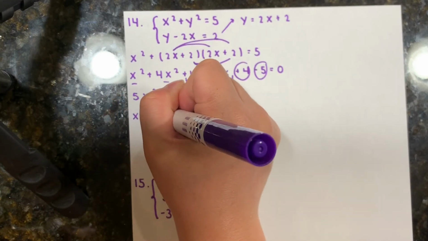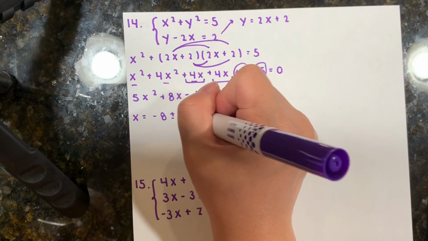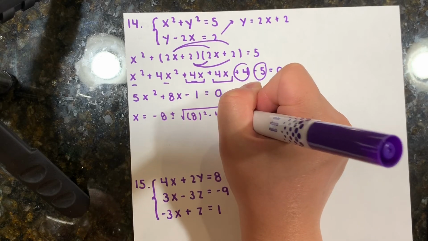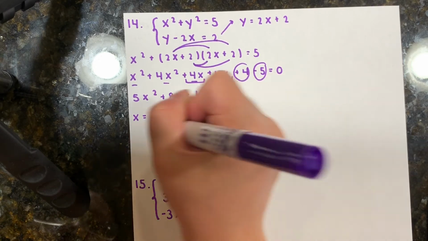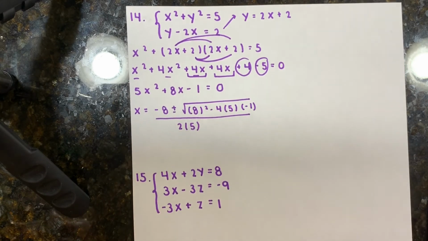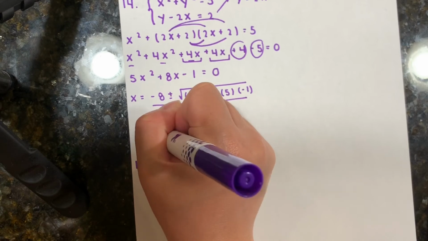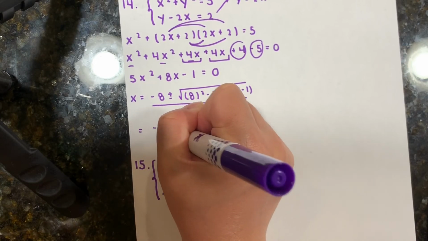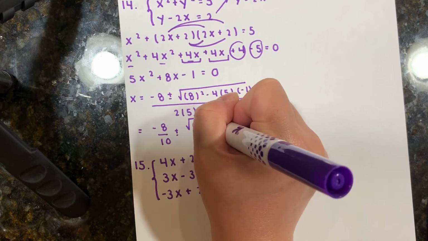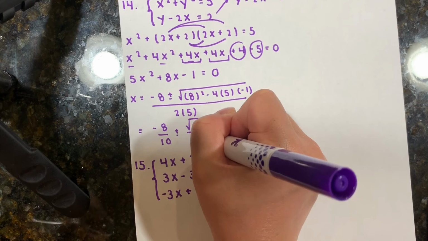That means x is equal to negative b plus or minus the square root of b squared minus 4 times a times c, all over 2 times a. So that would give me negative 8 over 10 plus or minus the square root of 64 plus 20 over 10.